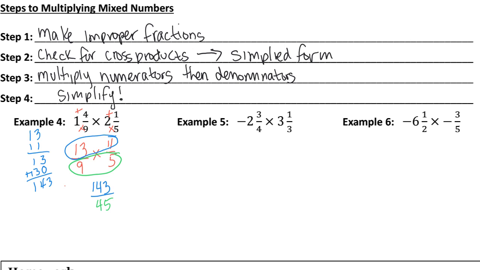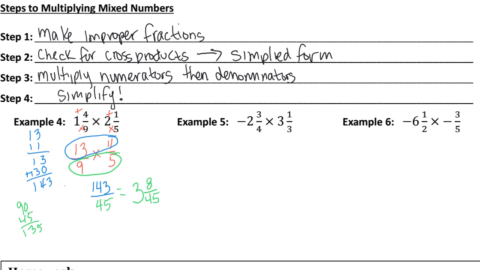I know 45 and 45 is 90, but I don't know what 90 plus 45 is. 135. So it goes in 3 times with 8 left over.